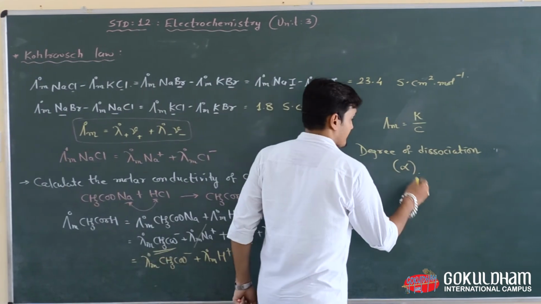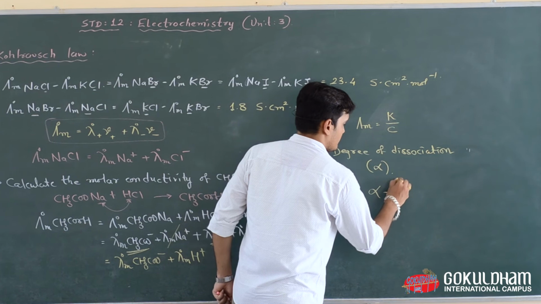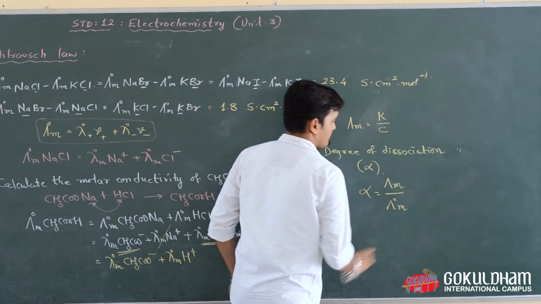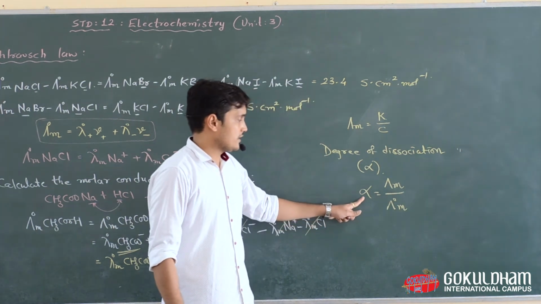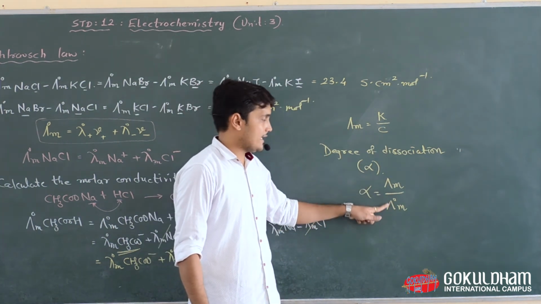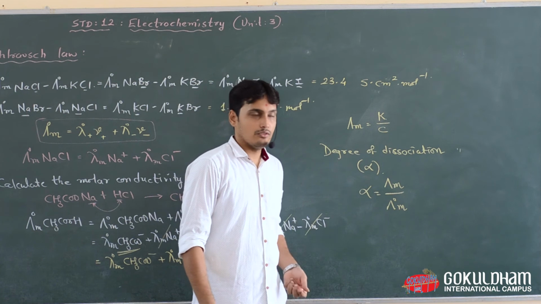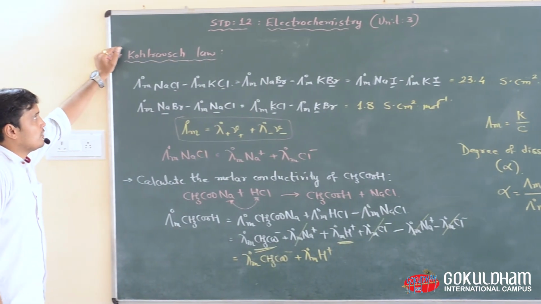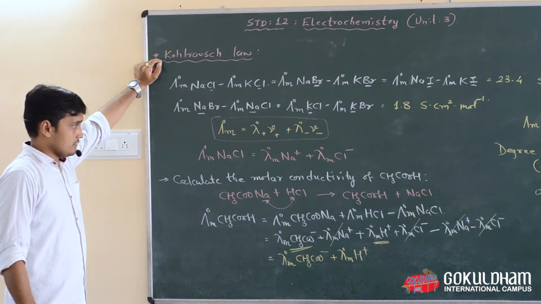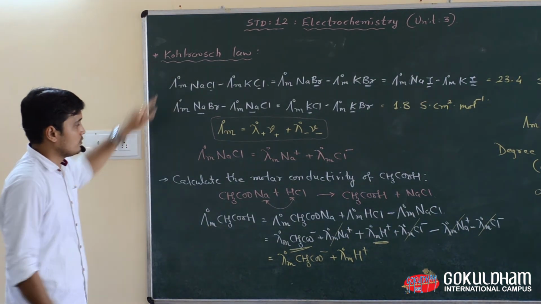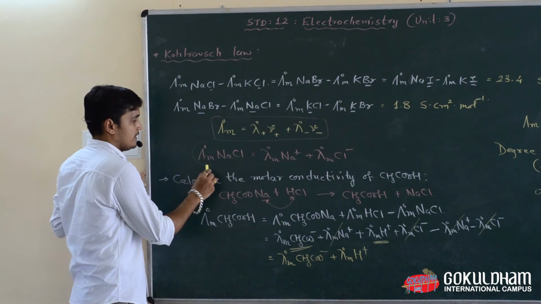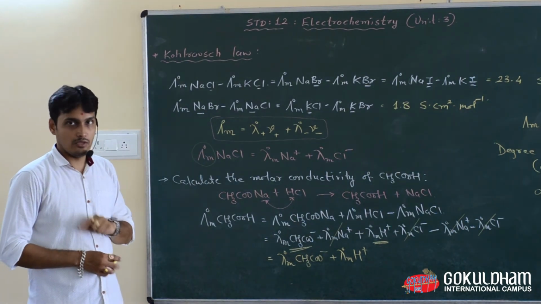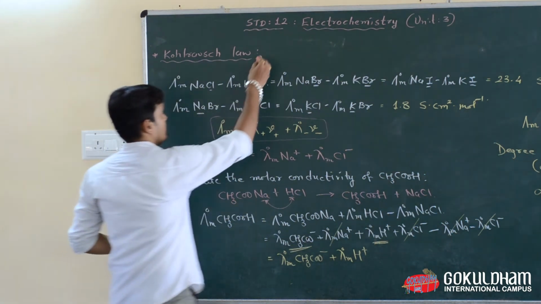This alpha you can calculate by lambda m upon lambda 0 m. So the equation is alpha is equal to lambda m upon lambda 0 m. Okay, so this is Kohlrausch's rule, which he found to calculate the limiting molar conductivity of a weak electrolyte.